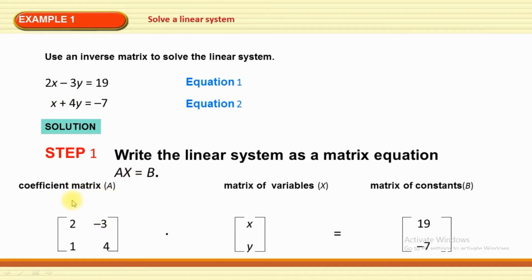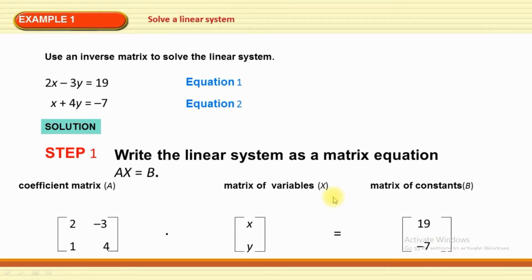So A represents the coefficient matrix, capital X represents the matrix of variables which are the unknowns x and y, and this matrix B represents the matrix of constants which are on the right-hand side. So matrix B is [19; -7].